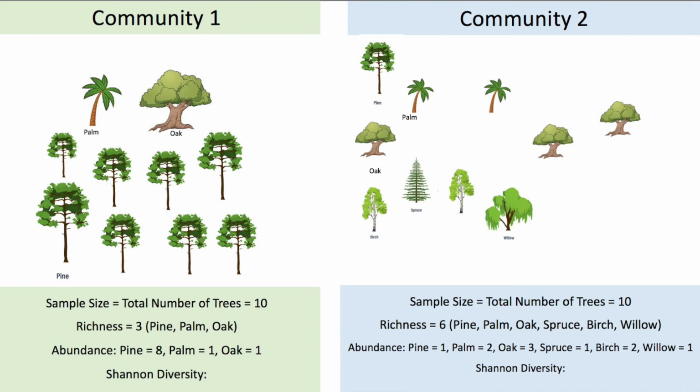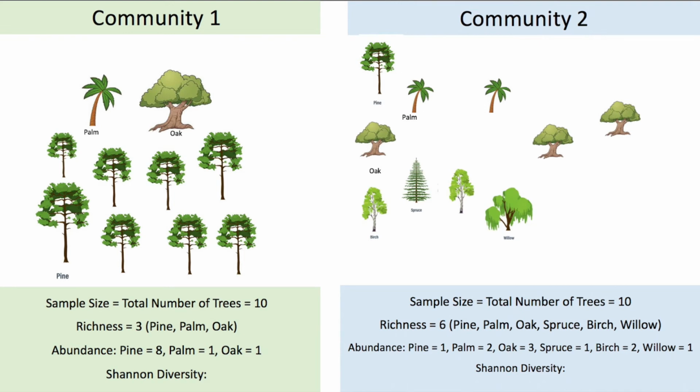Now, if we look at community number 2 and count the abundances of each tree, we see that there's 1 pine tree, 2 palm trees, 3 oak trees, 1 spruce tree, 2 birch trees, and 1 willow tree. And so if we convert that into percentages, we see that each tree is about 10 to 20% represented.